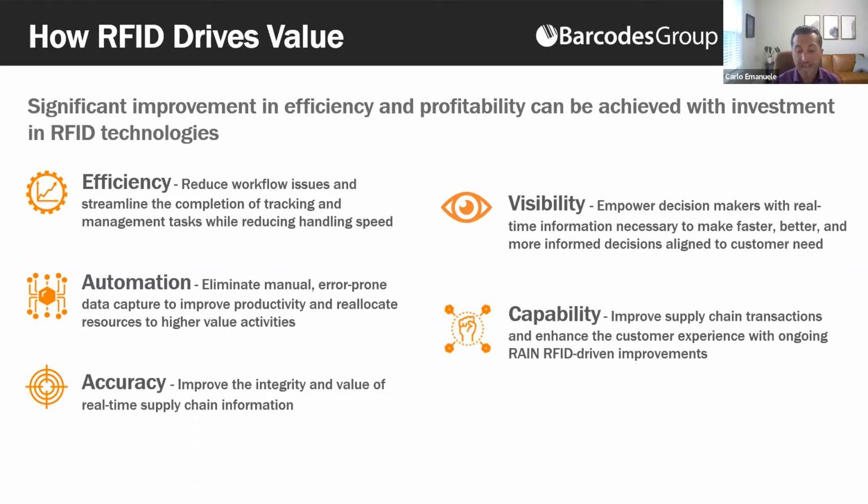Next is accuracy and greater visibility. So a few examples: scan items inside a box or hidden from view, and easily update printed tags with new information. That's a really important piece. You're not printing new tags, taking them down, putting them back up. You're allowed to update it.